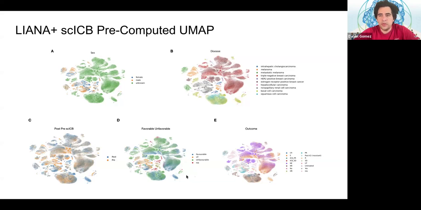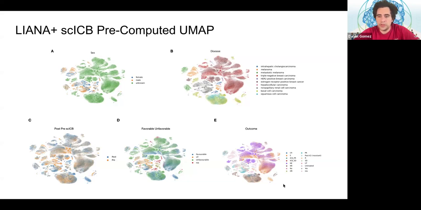And then next we see favorable and unfavorable responses. So we have favorable here in blue and then unfavorable here in green. And then in their outcome, you can see complete response, partial response, and stable disease response.